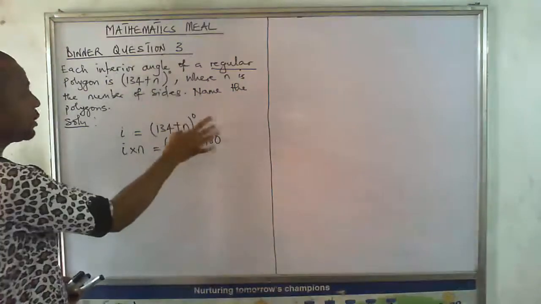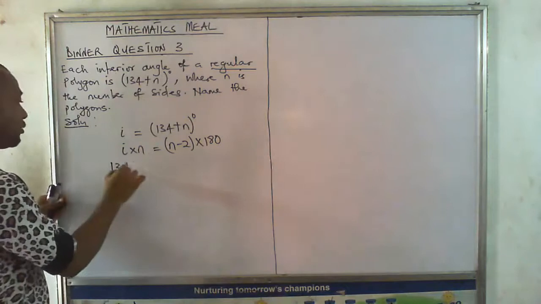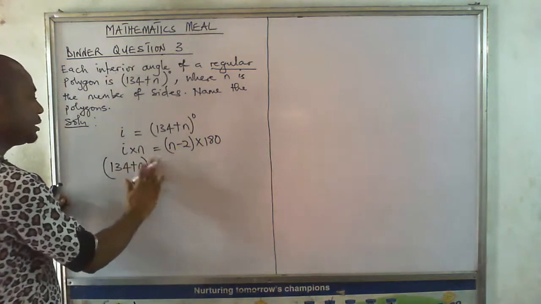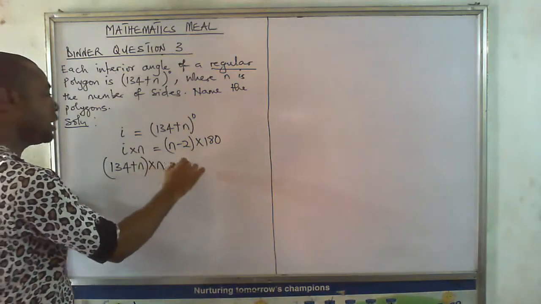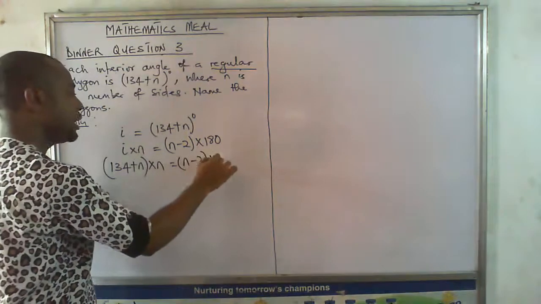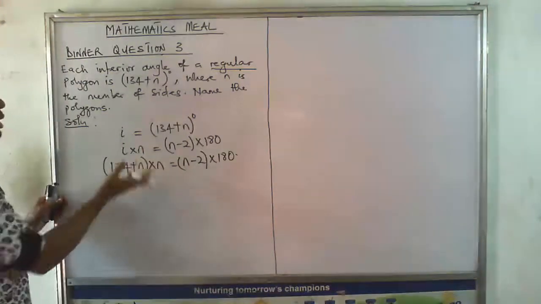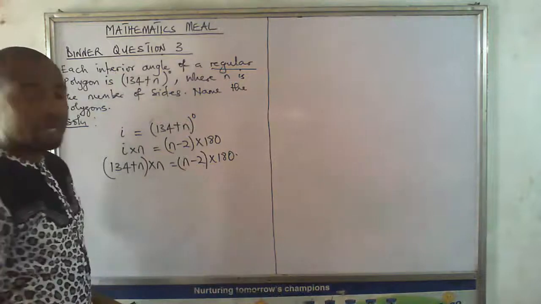So I have 134 plus n, times n, is equal to n minus 2 times 180. That's the substitution. Okay, I can open the brackets.